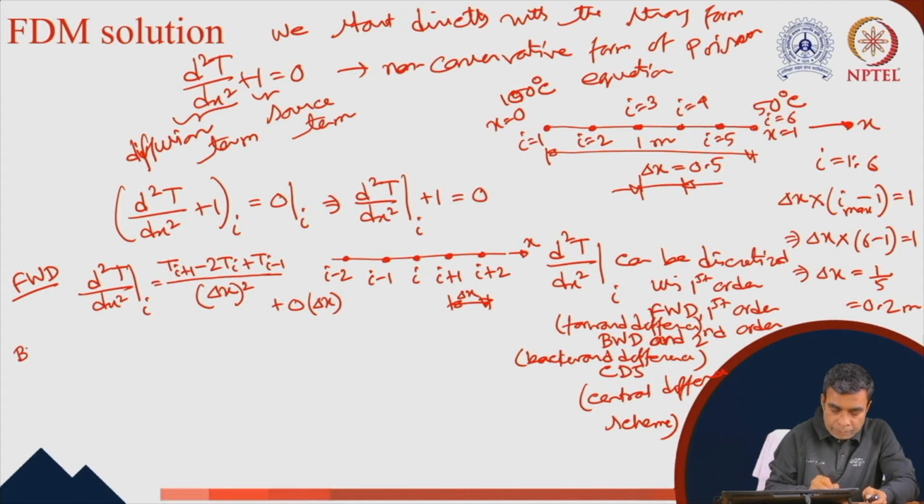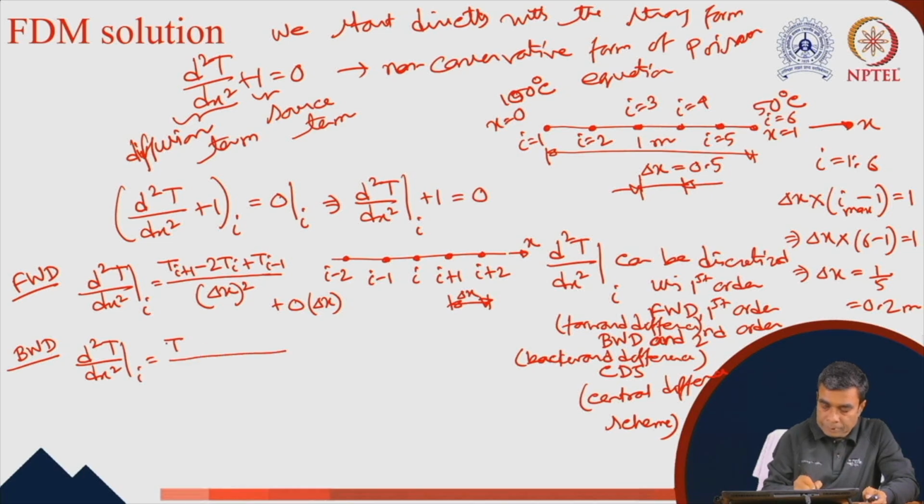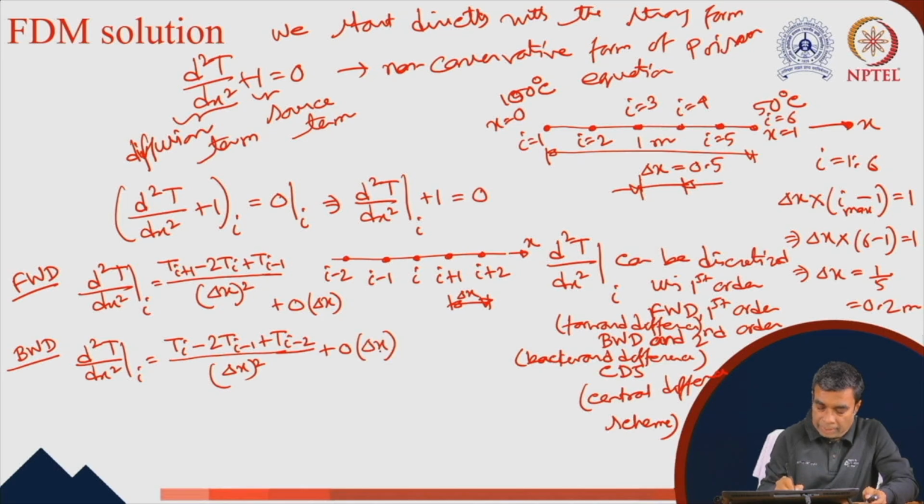Now, the backward difference scheme for d2T/dx2 at the ith node comes as (T(i) minus 2T(i-1) plus T(i-2)) by delta x whole square plus order of delta x.